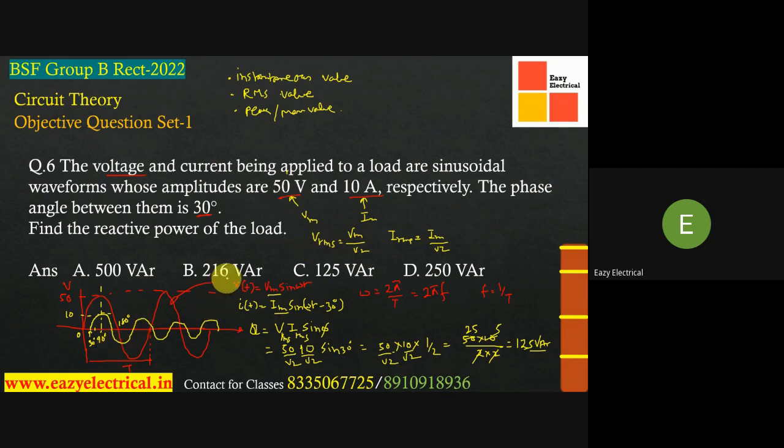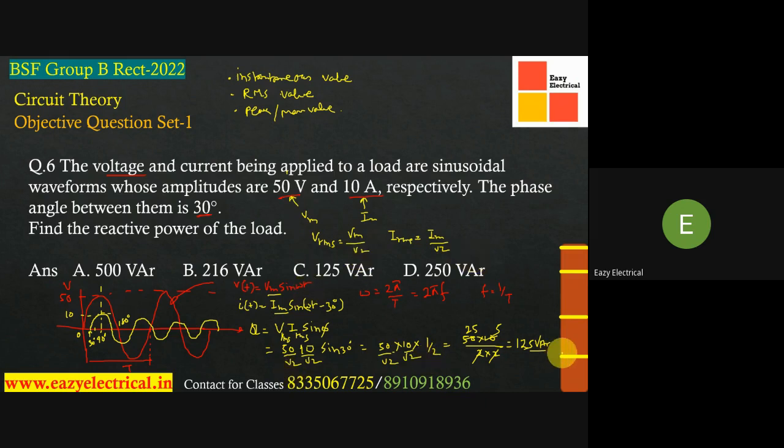In your question paper, it can also be given that the waveform is triangular or rectangular in nature. In those cases, you need to understand the relationship between Vrms and Vm, and based on that, calculate the Vrms and Irms values, and then only you can get the actual value of Q.